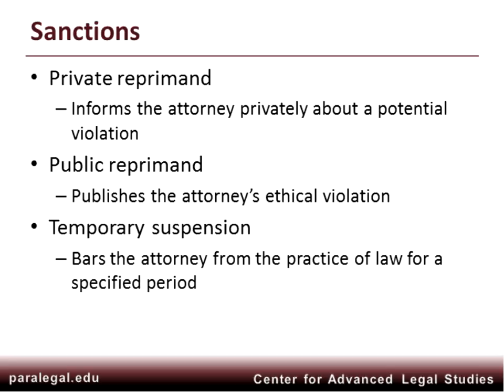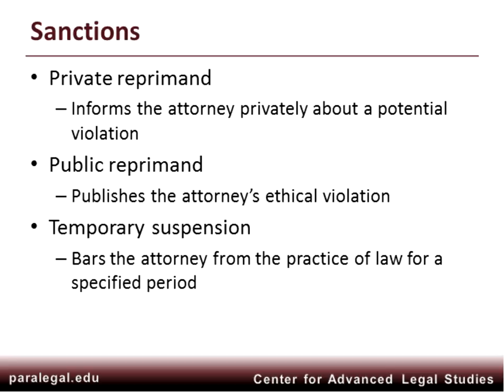They will simply say, look, I'm privately reprimanding you. Be on notice. If you commit another act along the same lines as this, it's going to be upgraded to the next one, which is a public reprimand.